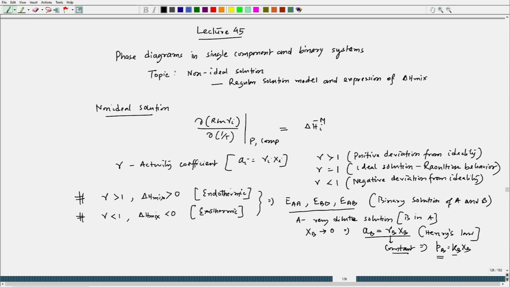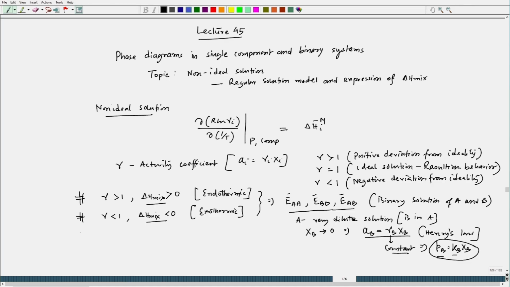And remember this one was actually explained on the basis of the relation of bond energies, whether the A B bond is highly negative as compared to A A or B B type, or the A A or B B similar type of bonds can be highly negative as compared to A B. So, that means whether del H mix is greater than 0 or less than 0 must have a relation with these bond energies. Now, we have to get into that bond energy part in order to derive the expression for del H mix.